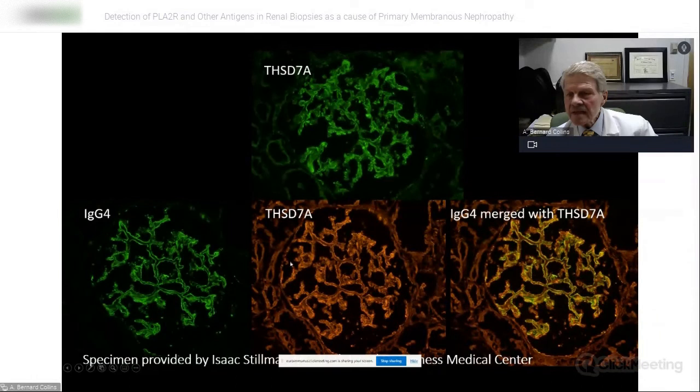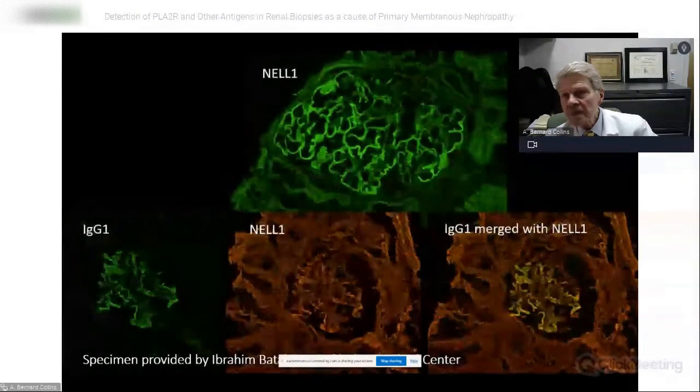As I had mentioned, we switched to the red color for the colocalization, which you see for the antigen here, and then we merge, and you see that there's yellow, denoting that the IgG4 and the THSD7A antigen are in the same location in the immune deposits.